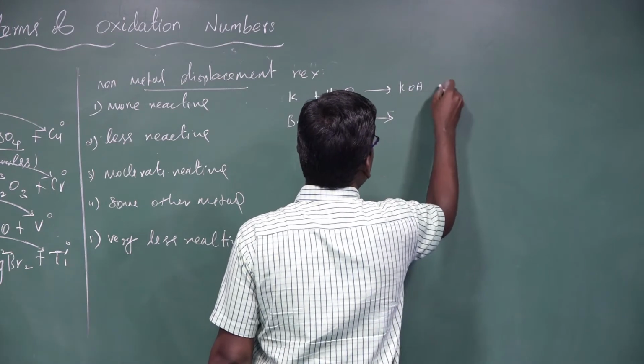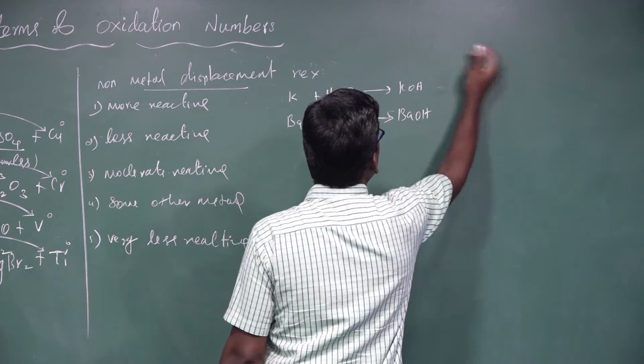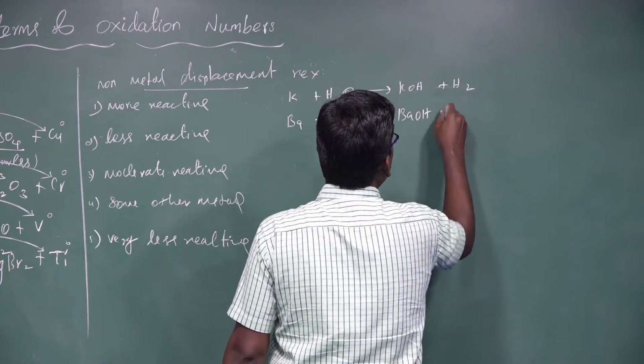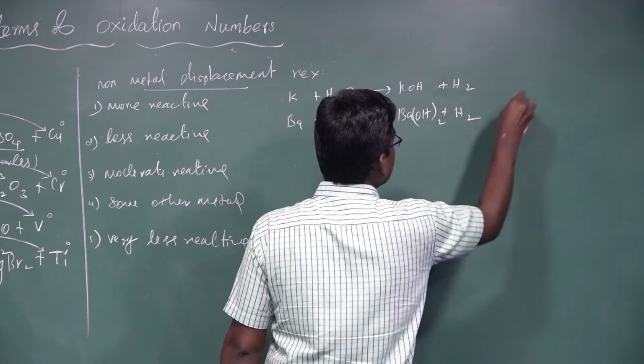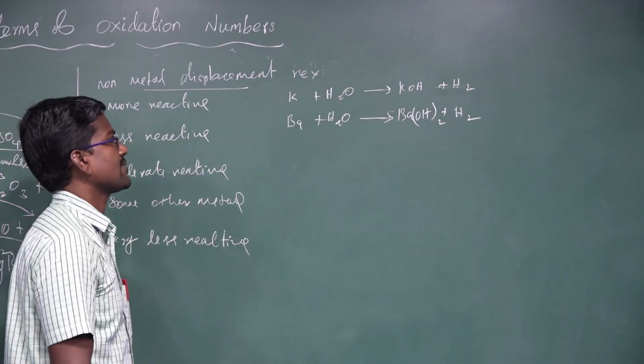So potassium is converted to potassium hydroxide and barium is converted into barium hydroxide, with liberation of hydrogen gas. This process is also a redox reaction.